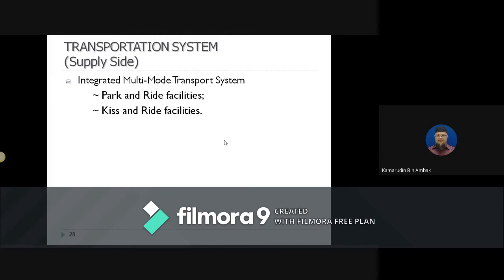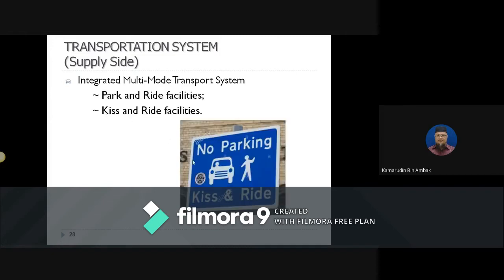So we have another, quite catchy one, kiss and ride. Park and ride is quite common in our country and in many countries, but this one is more Western. They call it kiss and ride. How do they implement this?